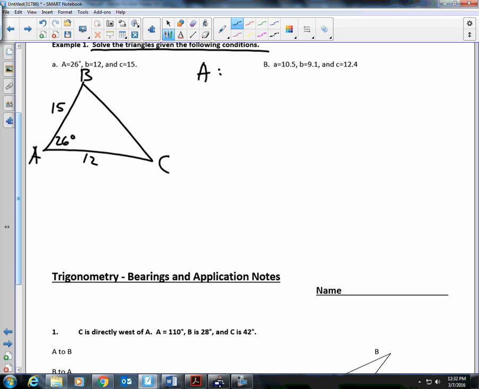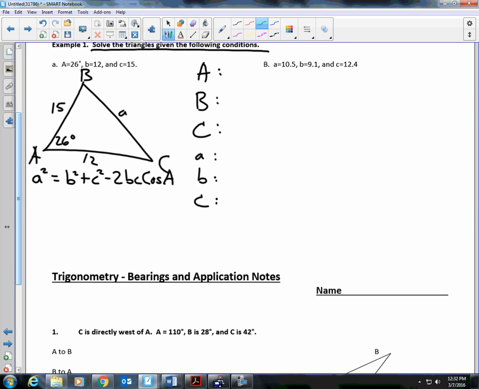Angle A, angle B, angle C, side A, side B, side C. So I'm going to solve for which side? A, I want to know the opposite side. So my formula is A squared is equal to B squared plus C squared minus 2BC times the cosine of angle A. Here's the nice thing.